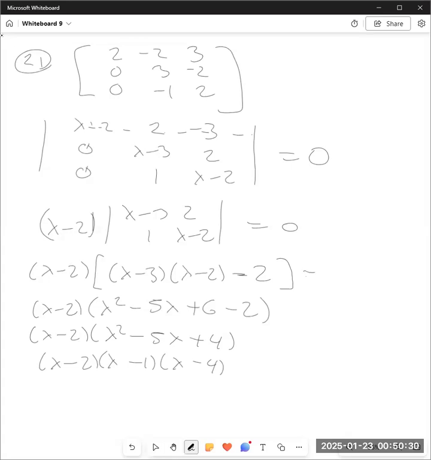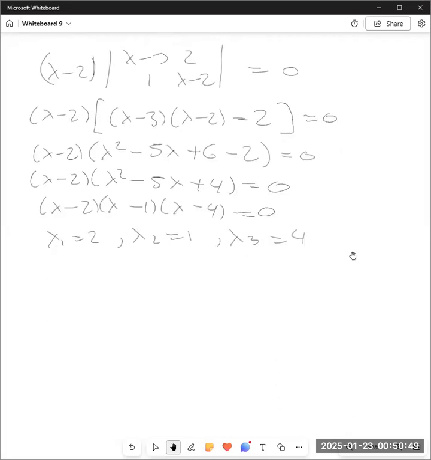These are all equal to 0. So lambda 1 equals 2, lambda 2 equals 1, lambda 3 is equal to 4. So we'll have 3 cases here to solve.